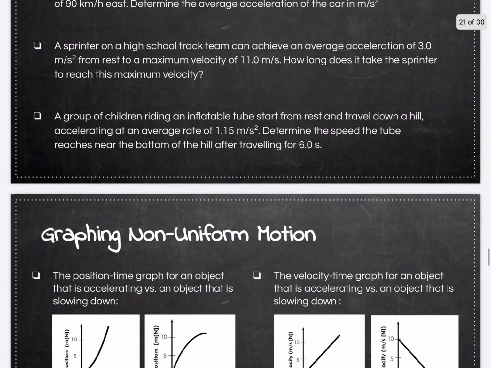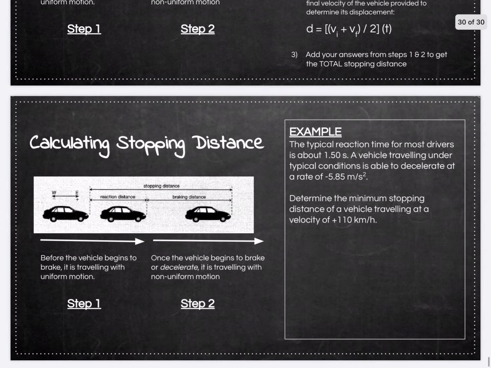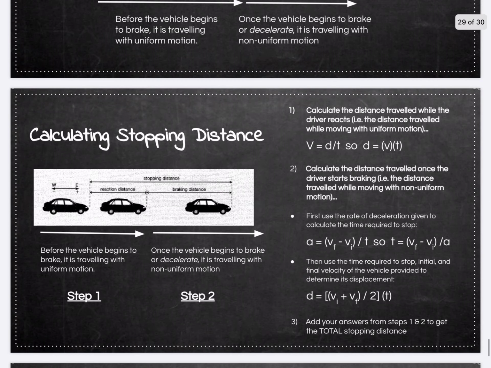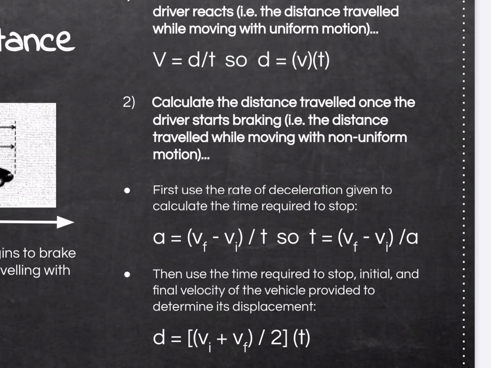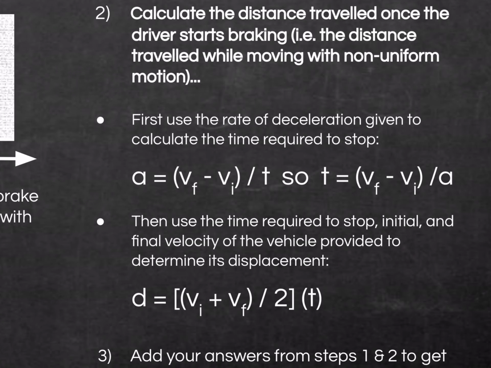So it's near the end of this section, looking at stopping. In step 2 here, it says, first use the rate of deceleration given to calculate the time required to stop. So our formula for time required to stop is T is equal to VF minus VI divided by A.